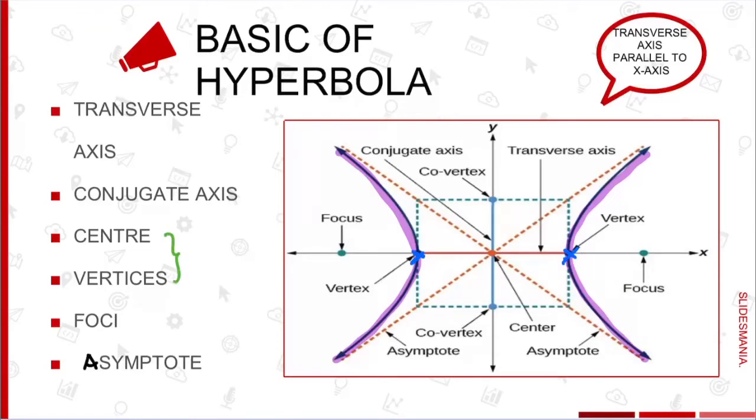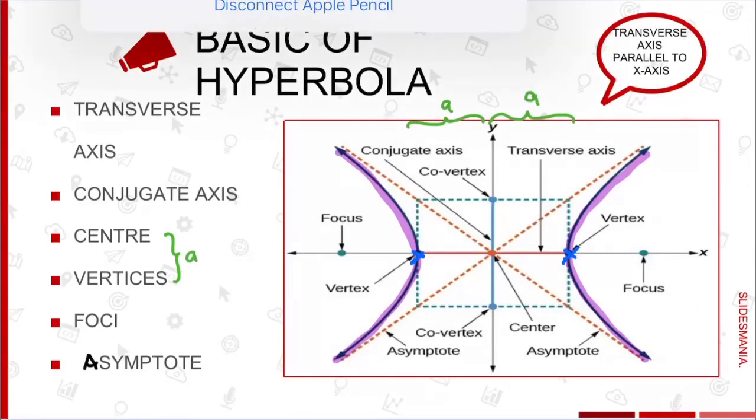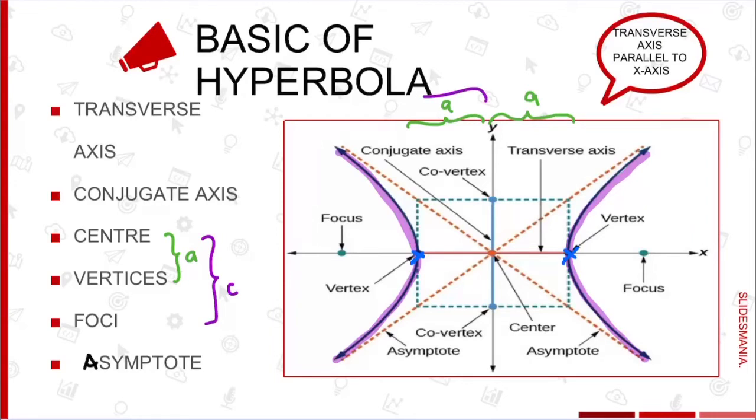Center to vertices, as usual, this is A. Center to foci, this is C. This is similar to what we have done in ellipse before. So center to your foci here is C, and again center to your foci here is C. So we have found the value of A and also the value of C.